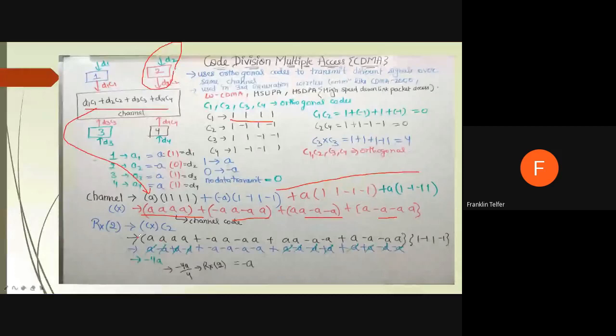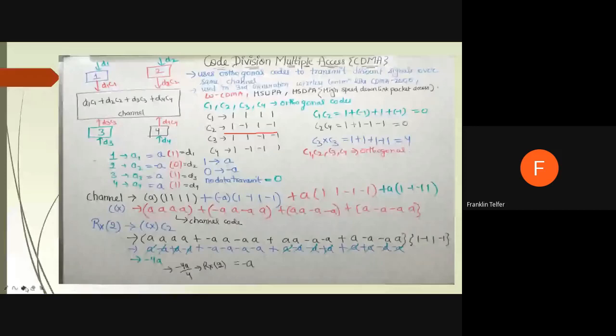We want to see that the transmitter and receiver should have the same bit. So let us see that. So C of x, take the same bit which has arrived, write it here, and you multiply by the C2. C2 is 1 minus 1, 1 1.